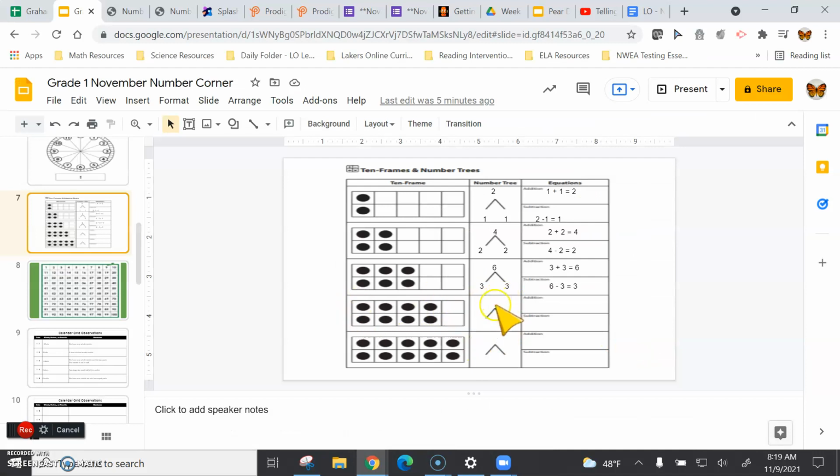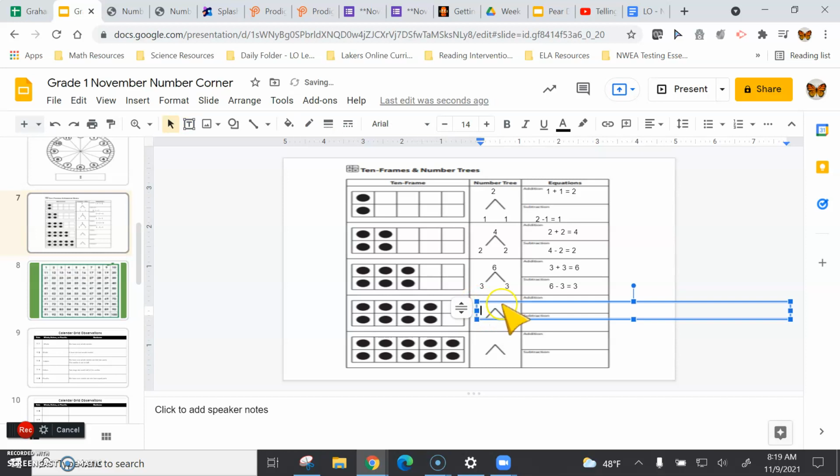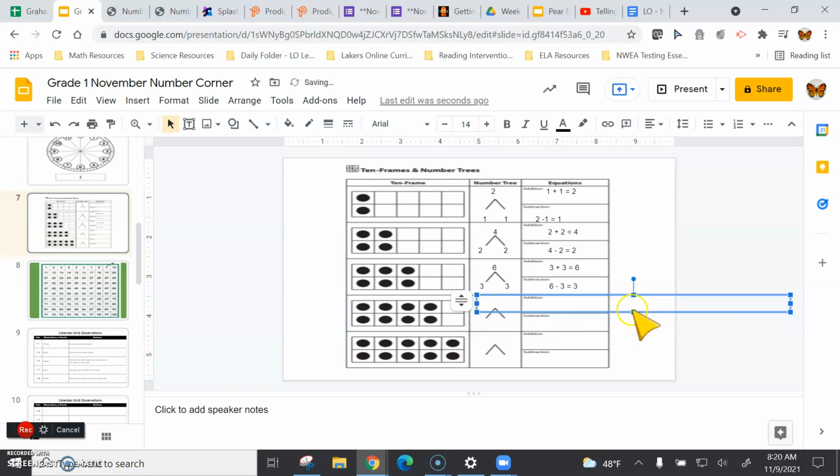So this time we have 4 dots on the top and 4 dots on the bottom. Let's use that to help us complete our work. So first, what is 4 plus 4, class? What is 4 plus 4? Did I hear you say 8? That's why you're my all-star. Fantastic.